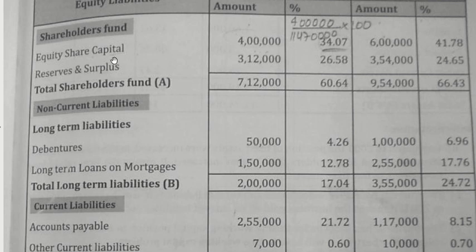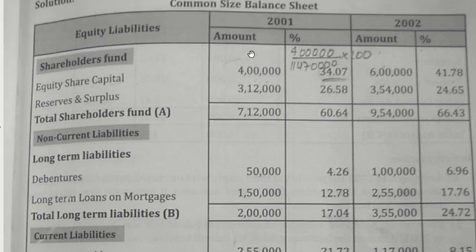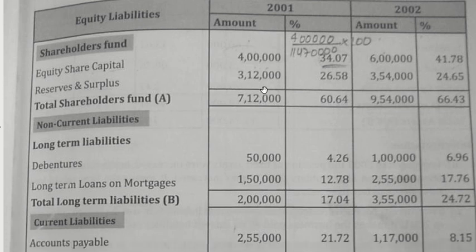So in the question we have equity share capital. The amount given in 2001 is 4 lakh. In 2002 the amount given is 6 lakhs. How we are supposed to convert this into percentage is: in 2001 the total of the balance sheet is 11,47,000.